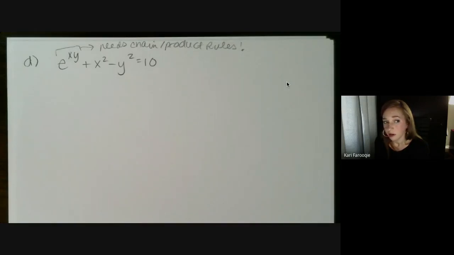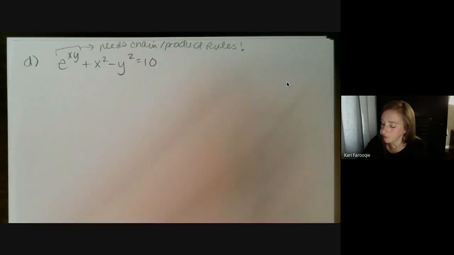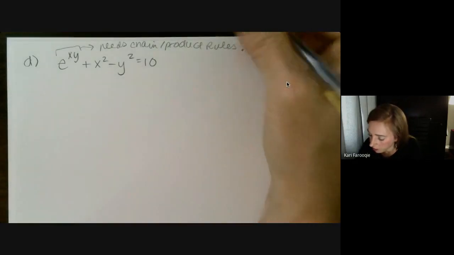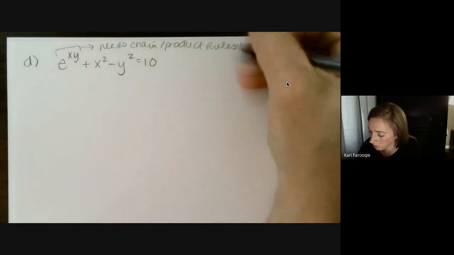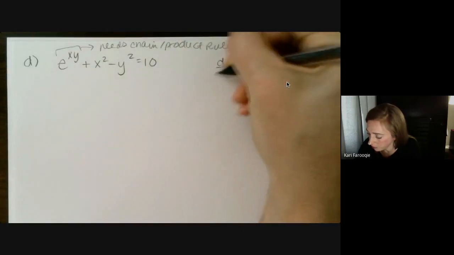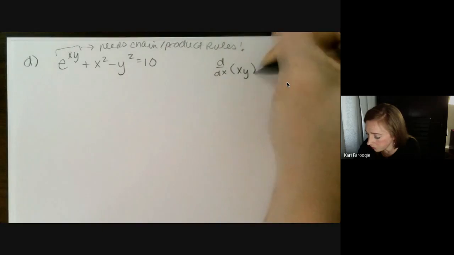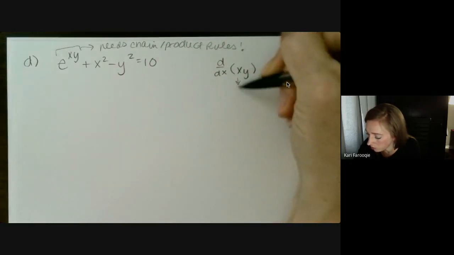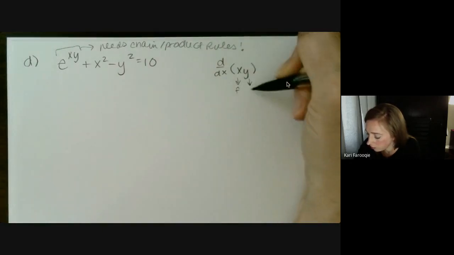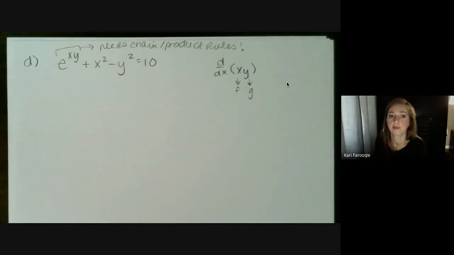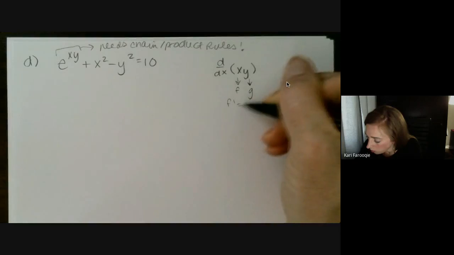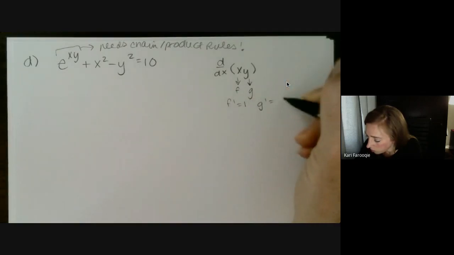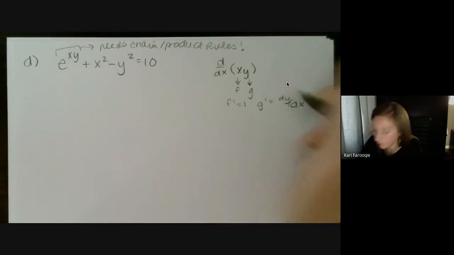Since we know we're going to need the chain rule and the product rule, if you want to go ahead and use the product rule, again, we've done this product. This will be our 3rd time now. So if you want to do it off to the side so that I don't have to pop it into the notes here. The derivative of xy, remember that you're going to let f be x and y will be g. f prime will be 1, g prime will be dy dx.